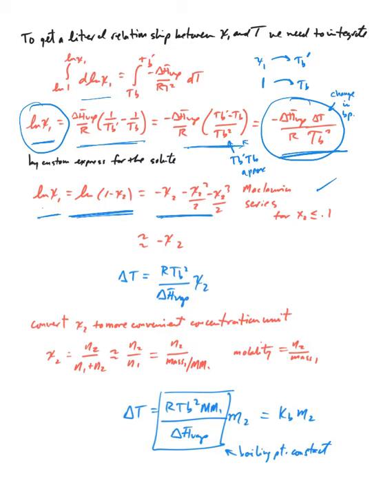If the x2 is a small number, then this power series gives you this expansion, and with the realization that really the first term is going to be the most important. Remember, this is for a very small number. So when you start squaring and cubing and quartering small numbers, they basically fall out of the mix. So I've turned this natural log term into this expression, minus the mole fraction of the solute.